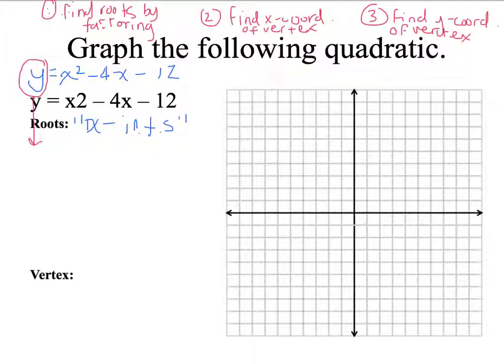So we say, okay, we want to know the x-intercept, which means y is equal to 0. It has to be at a height of 0 on this pattern. And so we plug that in. Okay, and that's what we get.